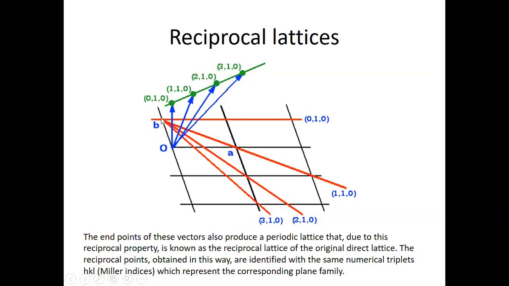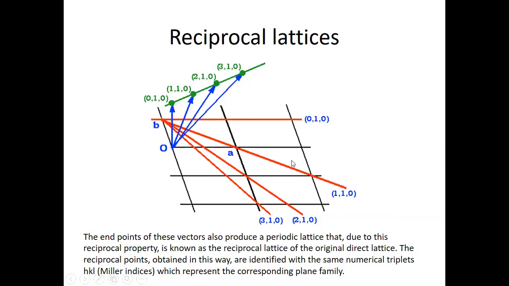For simplification reasons, we will again just stay in 2 dimensions here. Then we can define different lattice planes. For instance, this plane here would belong to a family of lattice planes associated with the Miller indices 0, 1, 0.